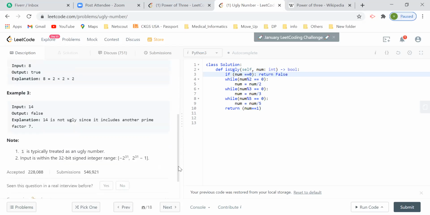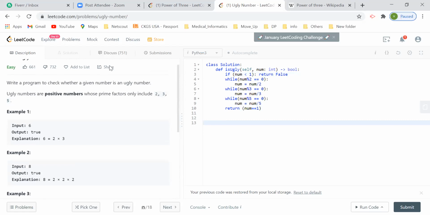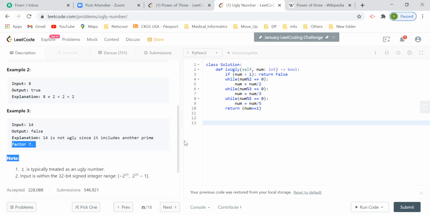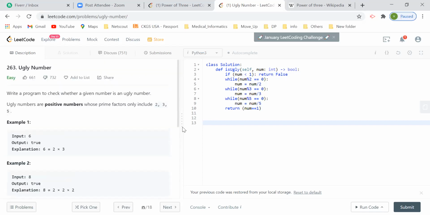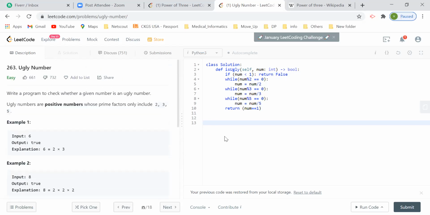Actually, it can be less than 1. 1 is typically an ugly number. That's interesting, because in this question it didn't take a long time. It all depends upon what test cases they have, right? Yeah, maybe they don't have that test case.